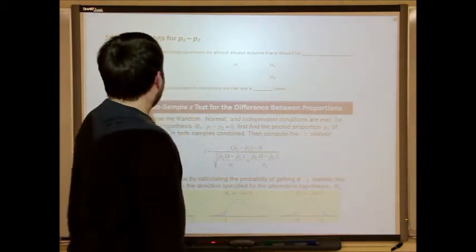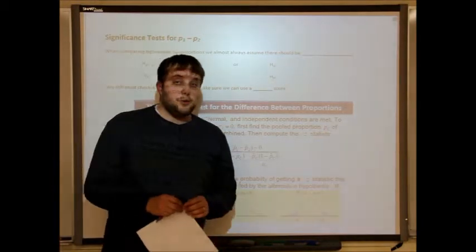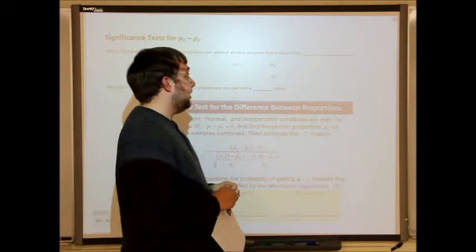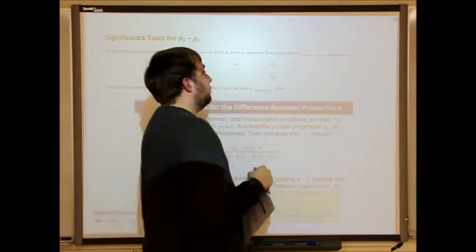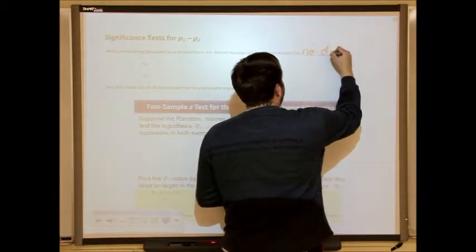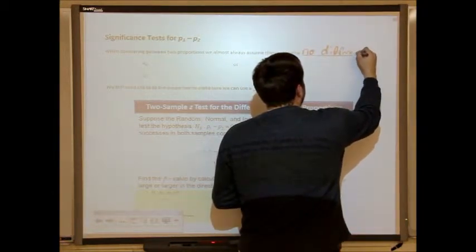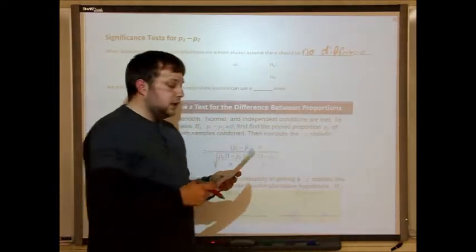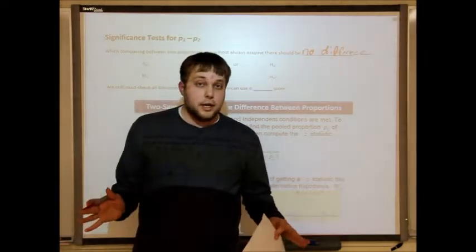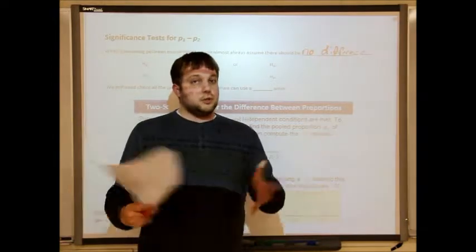So, when comparing between two proportions, okay, when writing our hypothesis test, we always assume there should be no difference. Okay, there's really no difference, hopefully, right? If school A did it this way, school B did it this way, we assume there should be no difference.